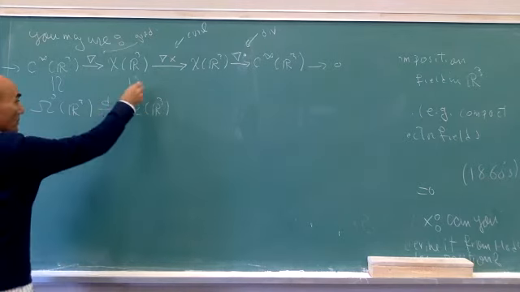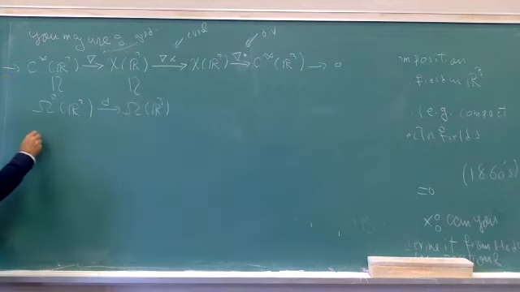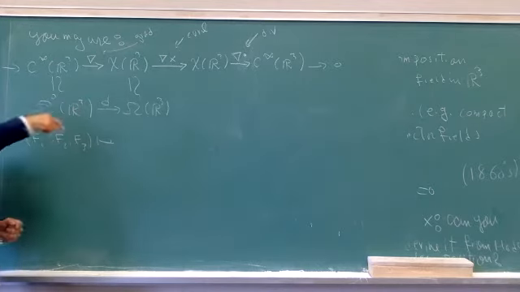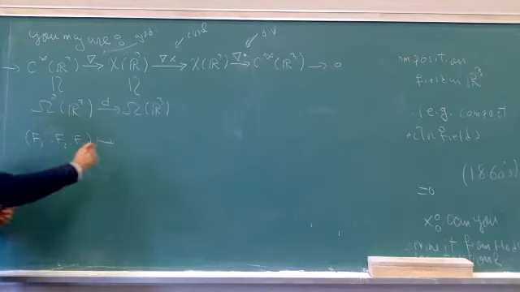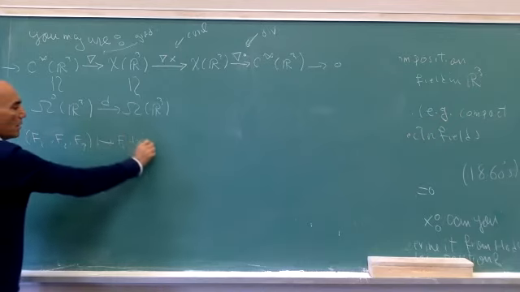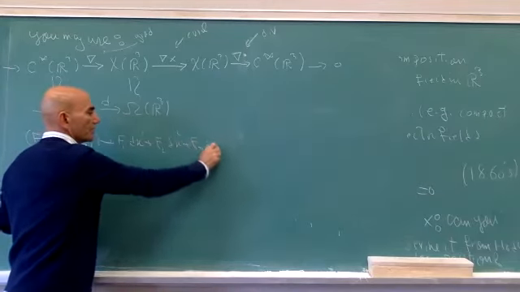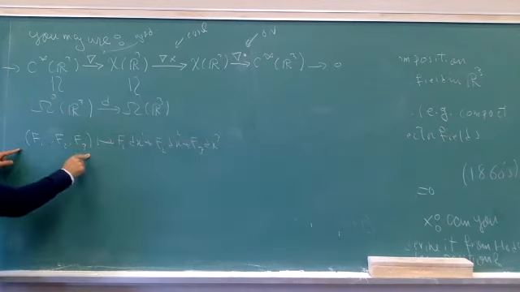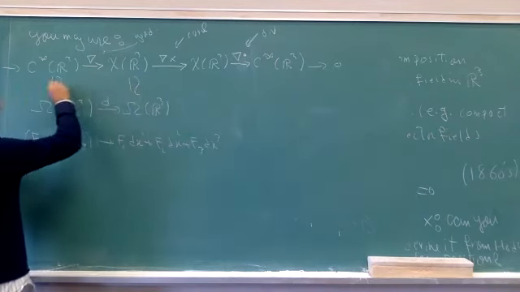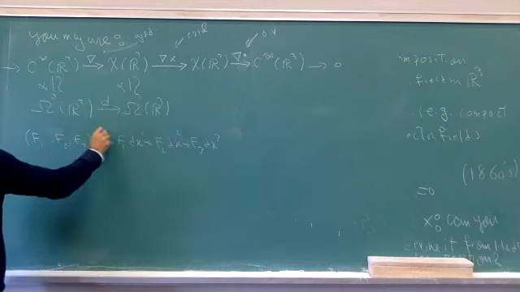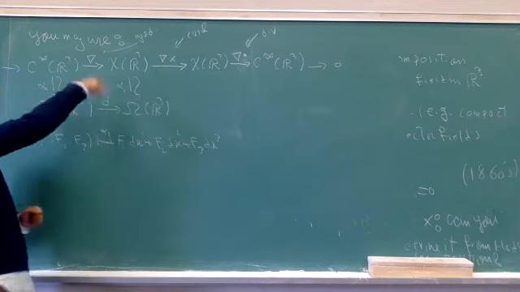Well, let me put it like this: F1, F2, F3. Because I want the diagram to commute, I can just send it to F1 dx1 plus F2 dx2 plus F3 dx3. So this is alpha 0, this is alpha 1. Alpha 1 is this isomorphism. Then I make sure this diagram commutes.